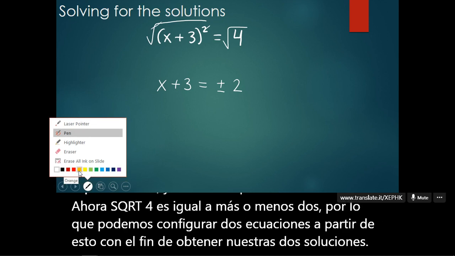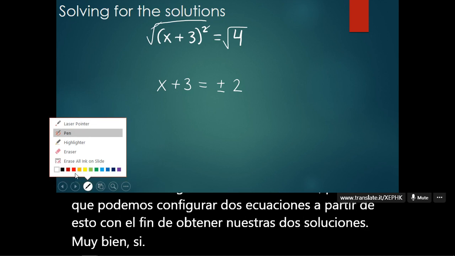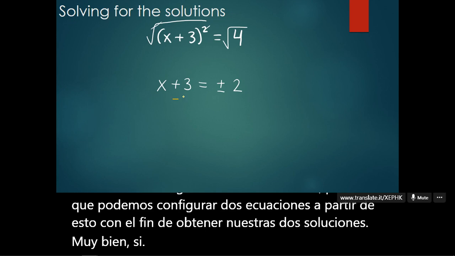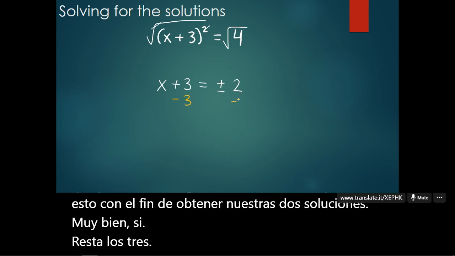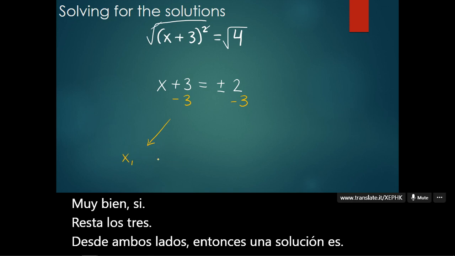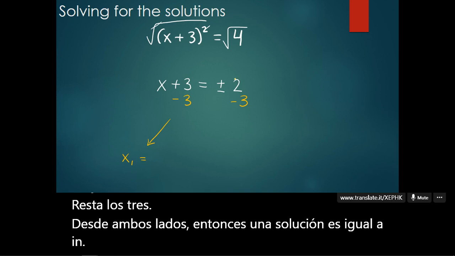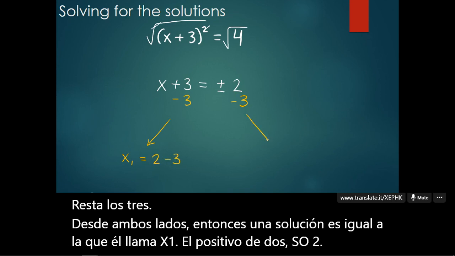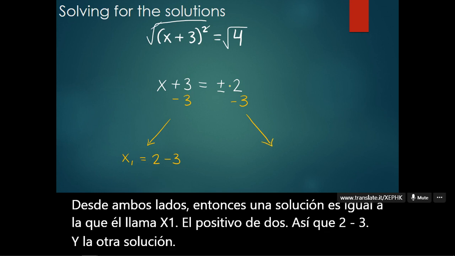All right, if we subtract the 3 out from both sides, then one solution is equal to, you can call it x1, the positive of 2, so 2 minus 3. And the other solution is the negative of 2.